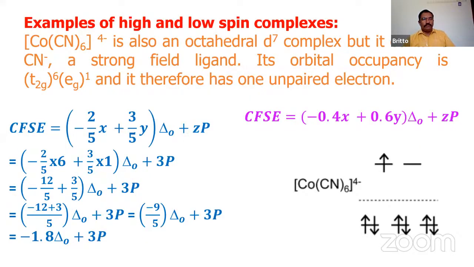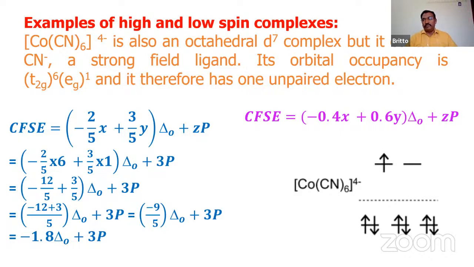Hexacyanocobaltate 2 is also an octahedral D7 complex, but here it's a strong ligand. CN minus, the cyanide ion, is a strong ligand. So what we are going to do is form a pairing, low spin complex. So what happens in a strong field ligand?